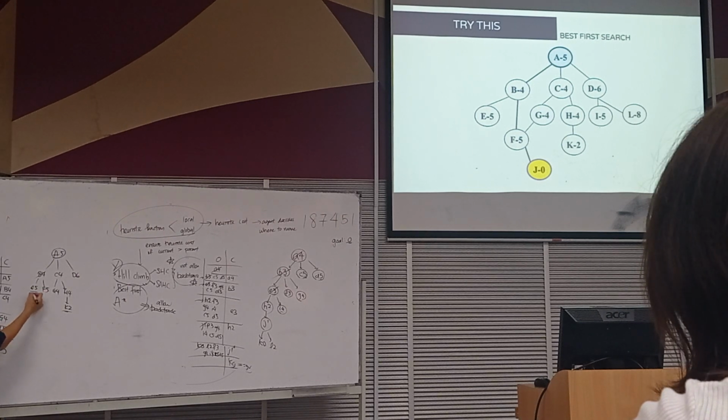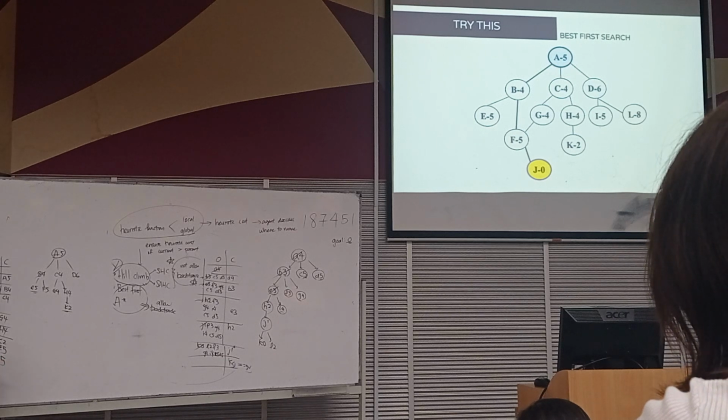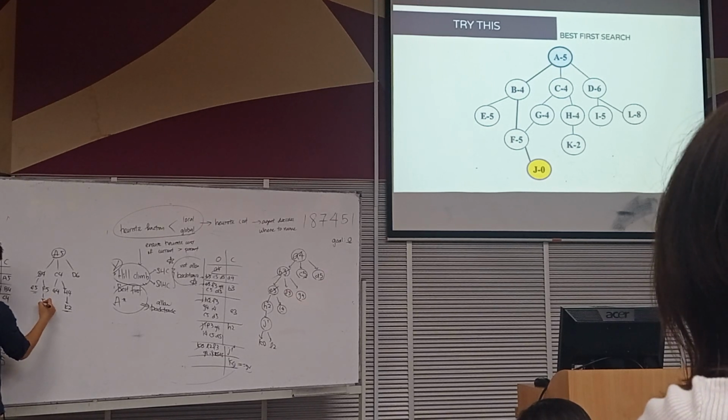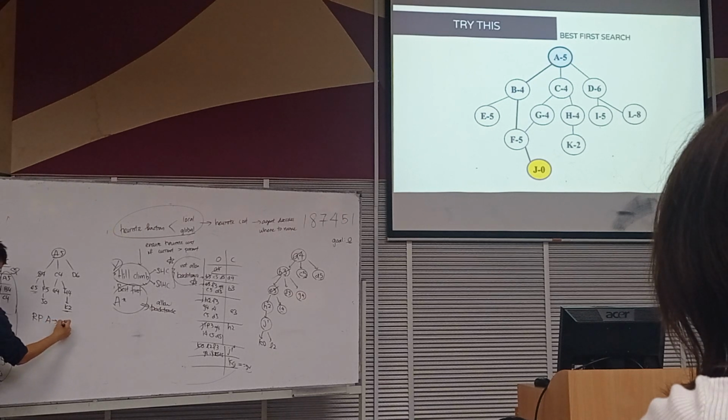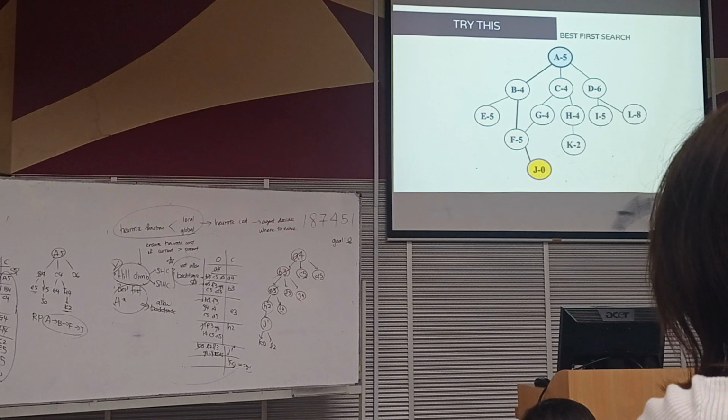E5, no solution, that ends. F5 gives you J0. So J0, D6. Continue J0. This is the goal. So that is your search path. Your return path will be A, B, F, J. That's it.